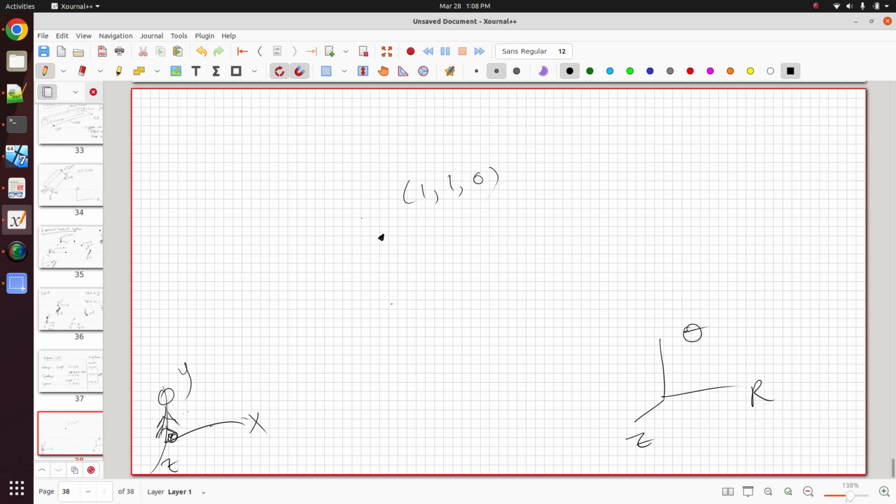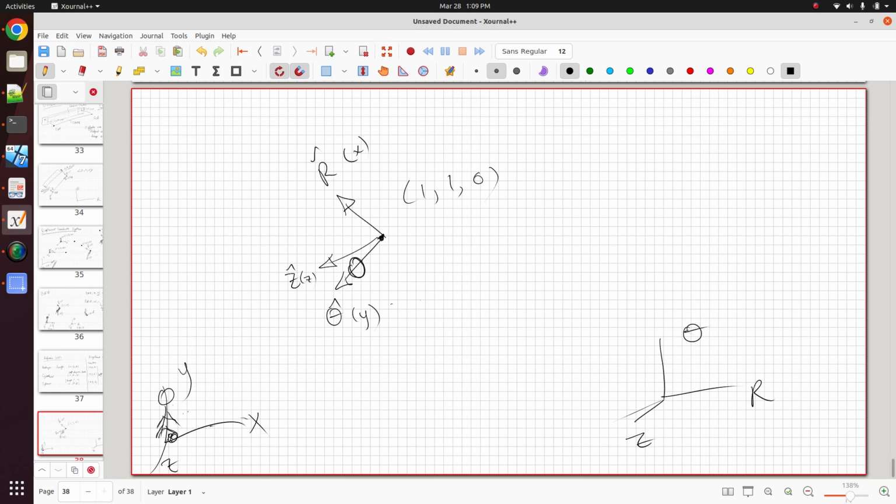So let's recap. My R hat looks like this. My theta hat looks like this. So this would be my X, my Y, and then my Z, which in this case would be in this direction, Z hat. So then I have a new observer here.